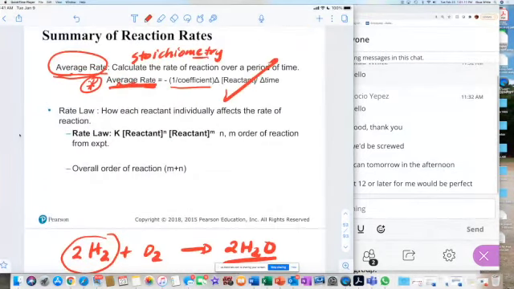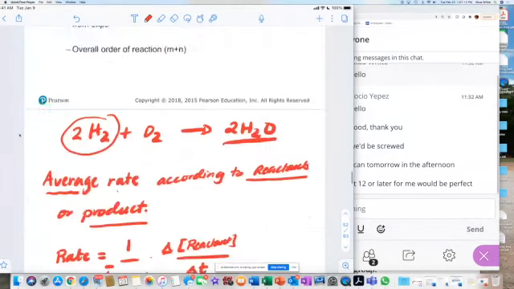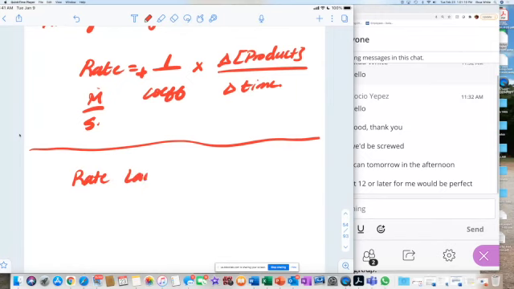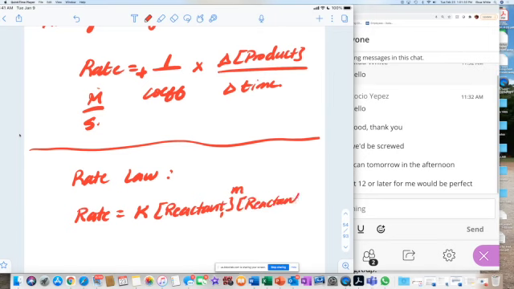Summarize, done. With the rate law, remember rate law, if they ask you to find the rate law, it always has this formula. Rate equals k, and then you may have 2 reactants, maybe you may have 1, I don't know, raised to the power m, the second reactant raised to the power n.